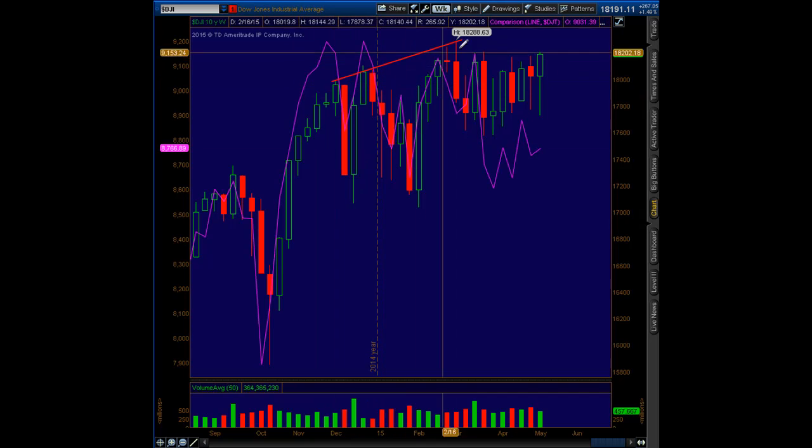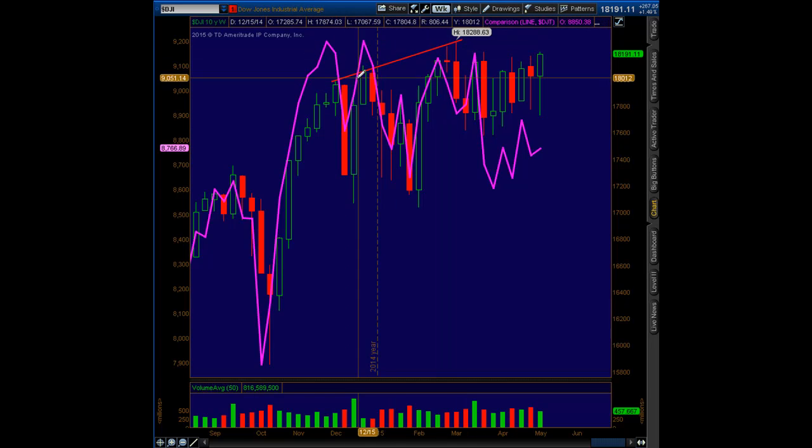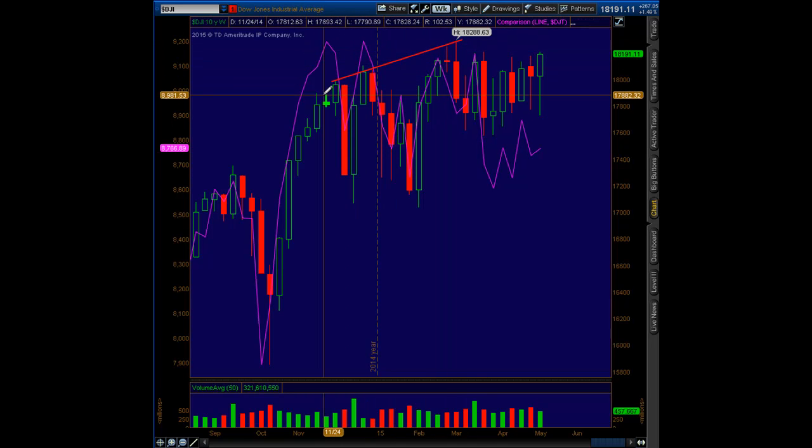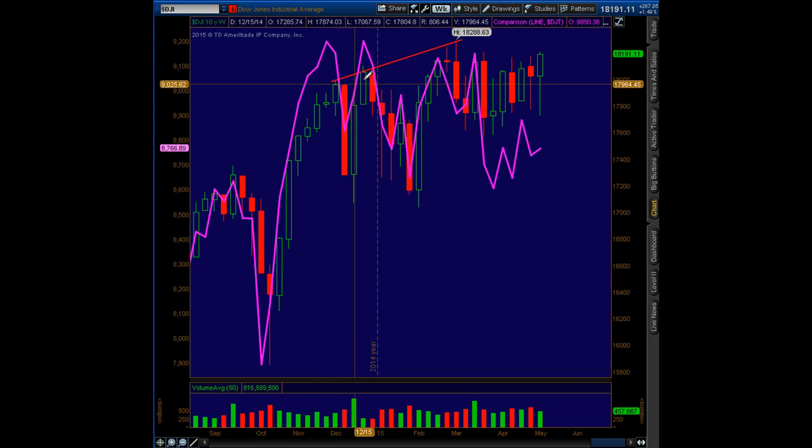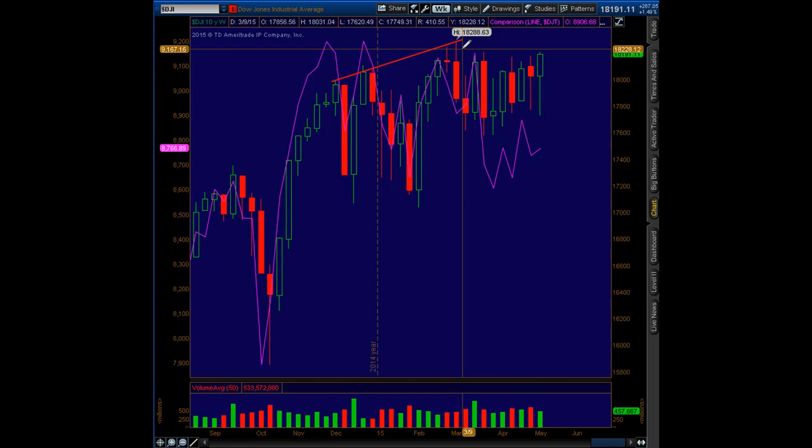You see the higher highs on this green candle and this red candle. Every single candle is making a high above the prior candle, meaning your trend is up. There's enough demand for the prices to push up.